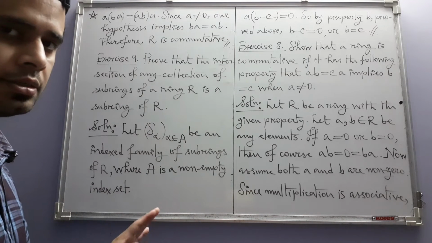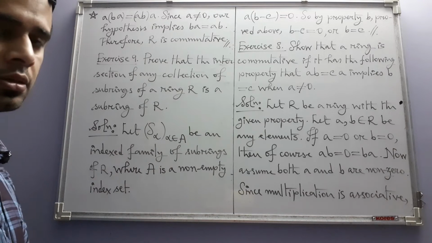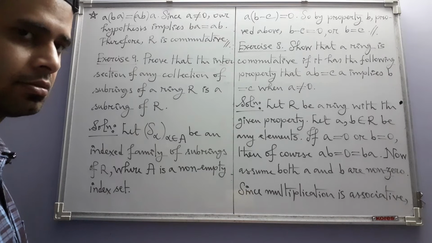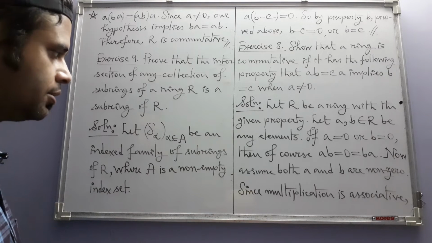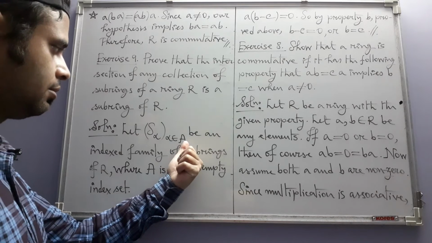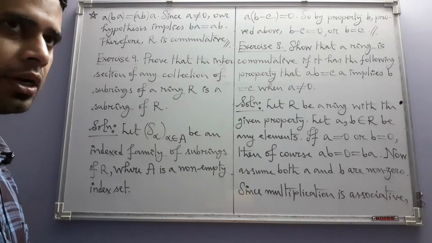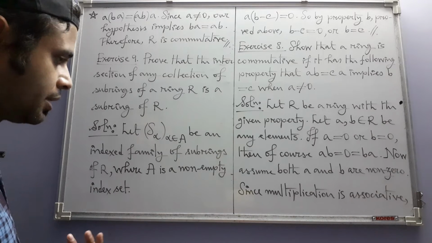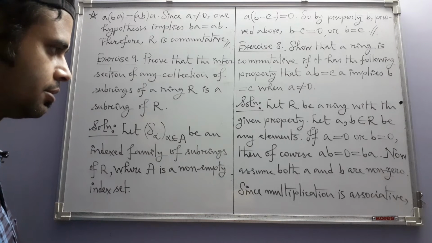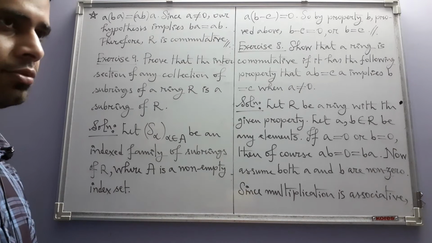Non-emptiness of A is needed because we are going to consider the intersection of all the elements in this family. If we had to consider union, although an empty collection will not give you anything, the union will also be empty, but the intersection of an empty collection is not well defined.